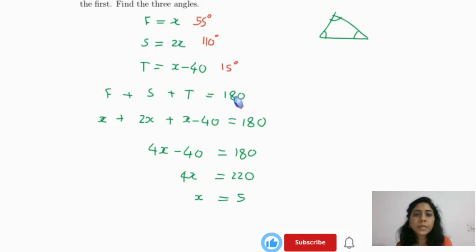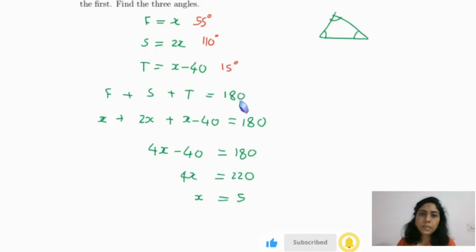And when you add them, you will get 180. So this is our first angle, second angle, and third angle. So you can solve very easily geometry problems also with linear equation.